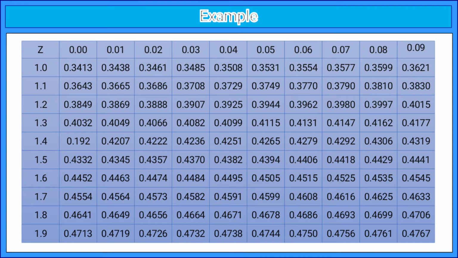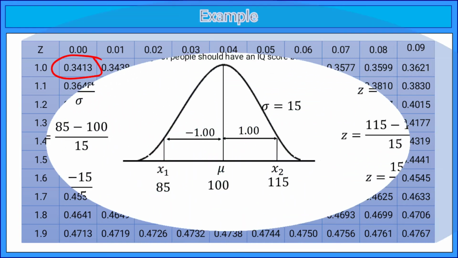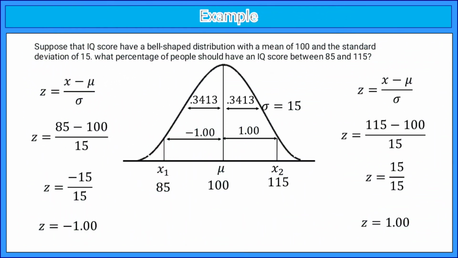So 1.00 will lie here. It means our percentage will be 0.3413, meaning we have 0.3413 on the left part and 0.3413 on the right side.